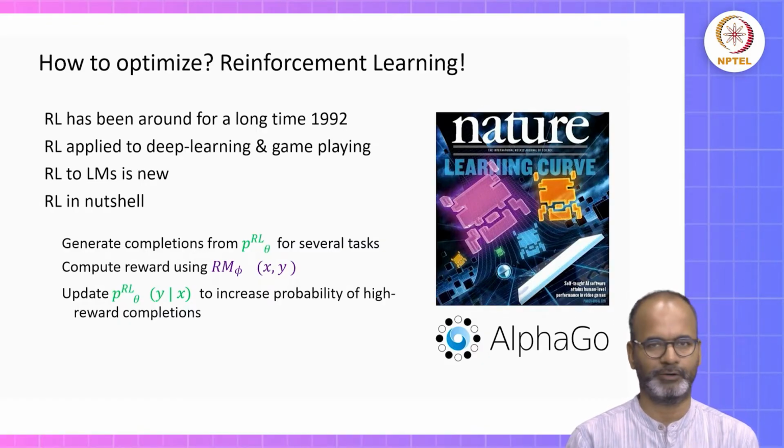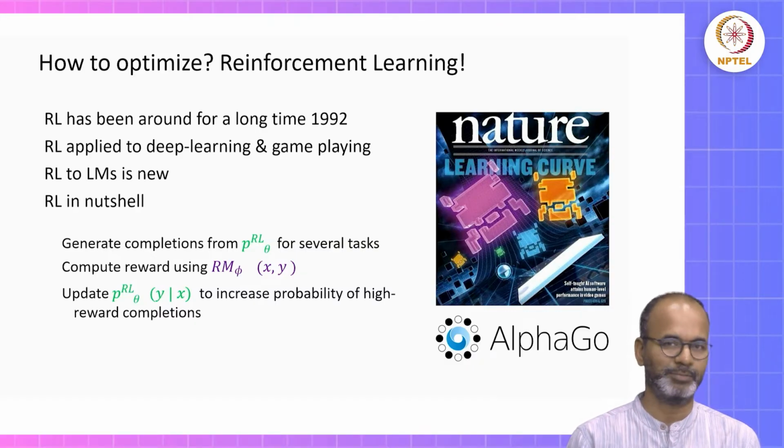RL has been around for a long time. Professor Ravi himself has taught a reinforcement learning course on NPTEL, which is very popular. RL applied to deep learning and game playing has also been around for a long time.